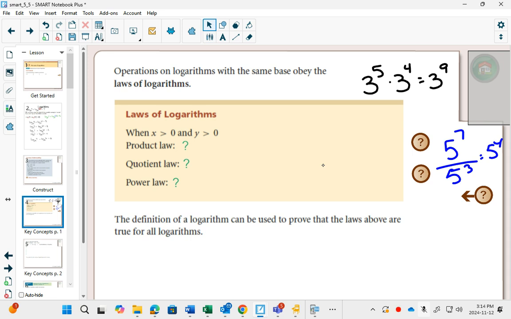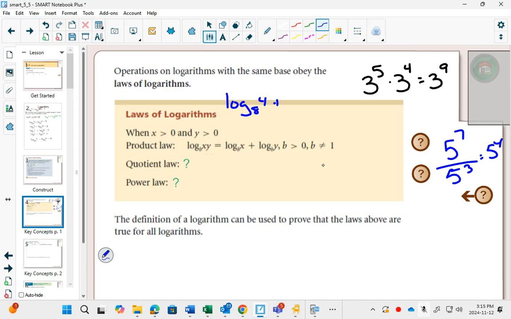Well, in logarithms, there is a corresponding rule: if you are multiplying inside a logarithm, you can decide to add the two logarithms together. In the example I just gave you, remember how I said that log base 8 of 4 plus log base 8 of 16 was equal to 2? Well, I'm adding two logarithms with the same base.